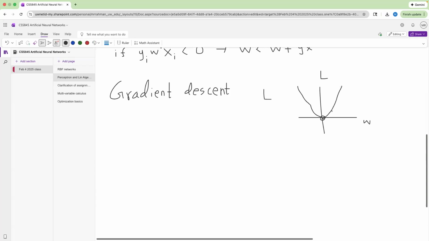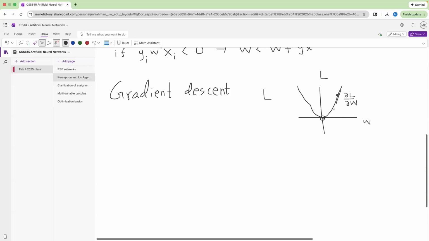So we might start at some point here, and at this point we find the gradient, which means we differentiate the loss with respect to our variable W. In this case the derivative shows that the function is increasing this way, so we take a step in the negative direction of the gradient.